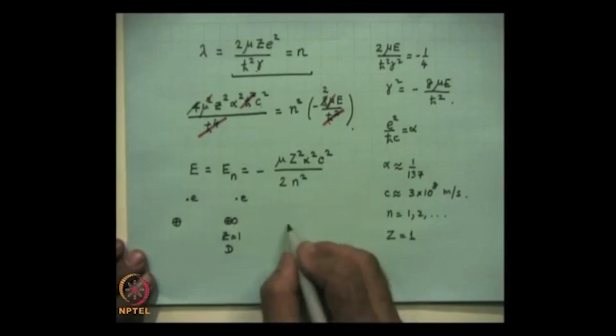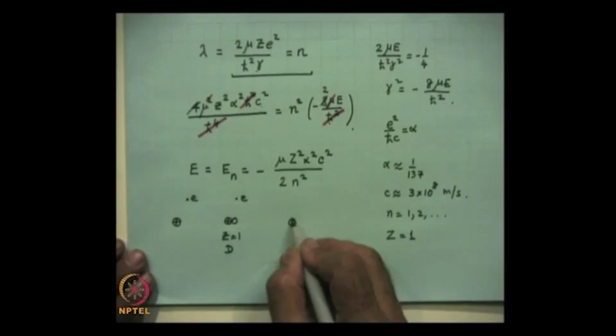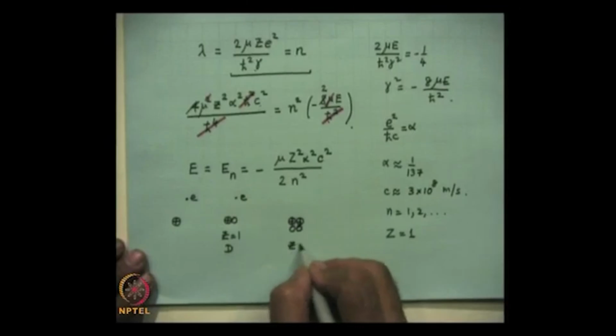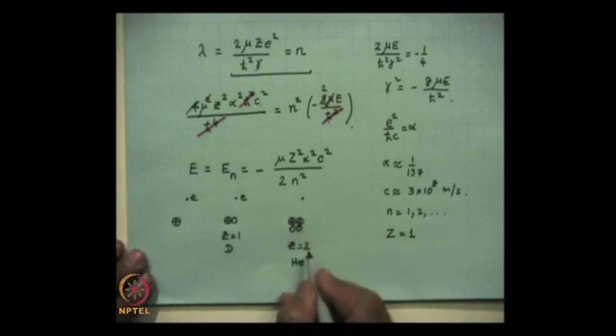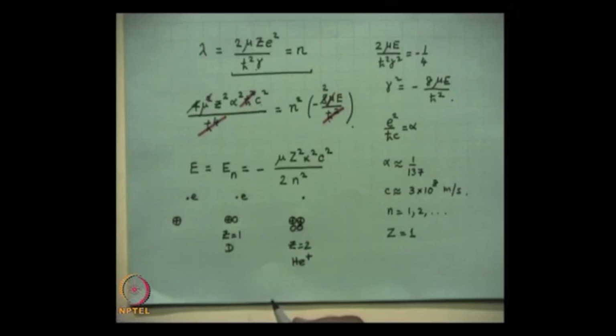For the helium atom, the nucleus consists of the alpha particle, 2 protons and 2 neutrons. So, Z is equal to 2 for the helium plus. Singly ionized helium atom has Z equal to 2, and of course, the mass of the nucleus is slightly different, so the reduced mass is different.